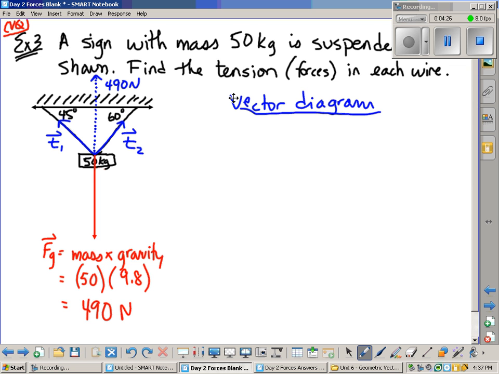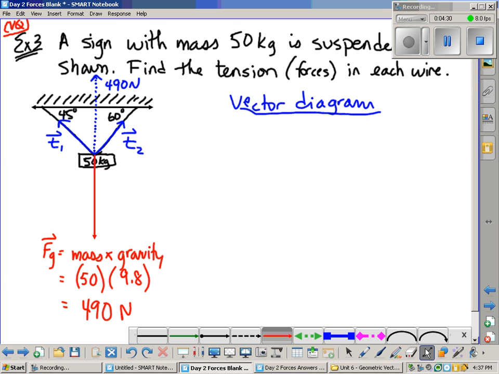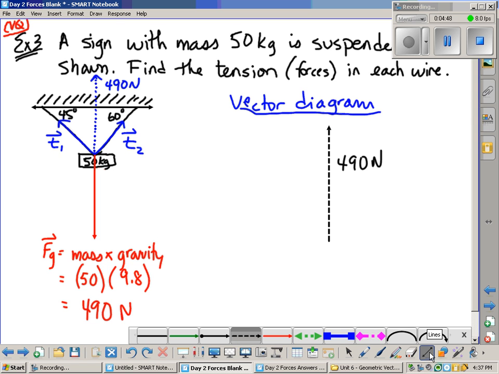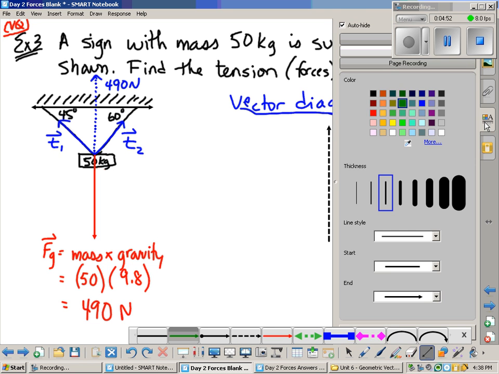So let's take these scenarios. We know that we have to produce a vector that's going straight up. So let's draw this. And this one has to be 490 newtons. And we're going to need T1 and T2 to result in that. So let's make that one blue just so it looks like a picture.